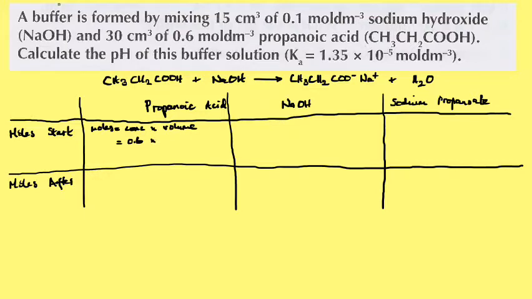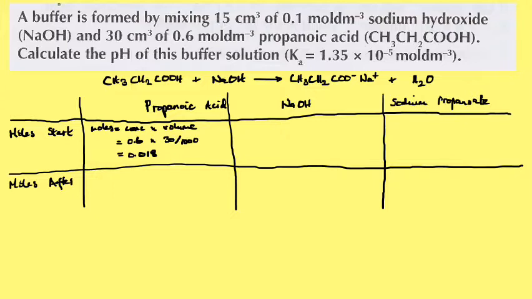The volume we're given is 30 cm cubed, but concentration needs to be in decimeters cubed, so we'll just do 30 over 1,000 to put it into decimeters cubed. And so that is going to come out at 0.018 moles. That's the number of moles of propanoic acid we have at the start, before the neutralization reaction.